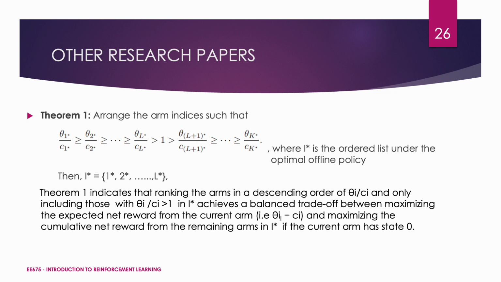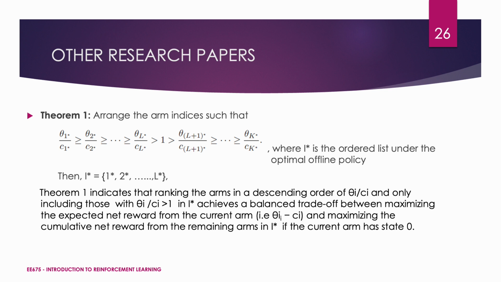Under the optimal offline policy, denoted as I star, the arm indices are an ordered set of all the optimal L items. This ordered list represents the optimal sequence of arms to pull for maximizing the expected net reward.